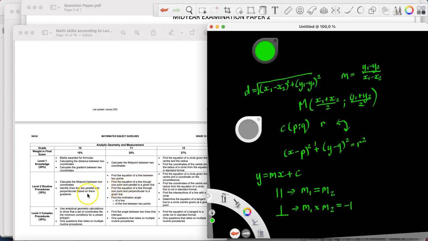The next point here, for the grade 11 work, what would be level 2? Finding the equation of a line between 2 points.